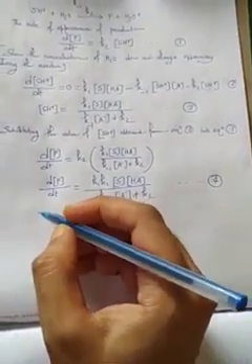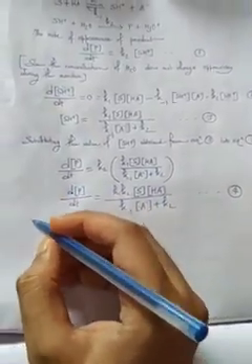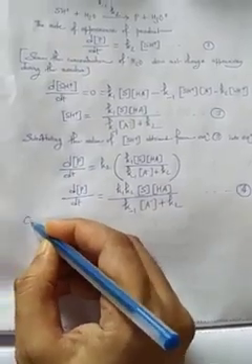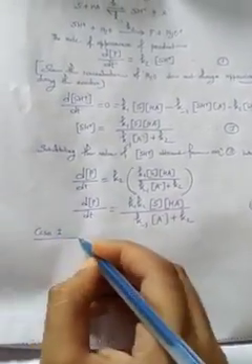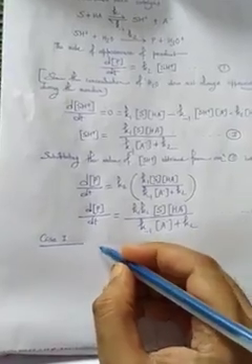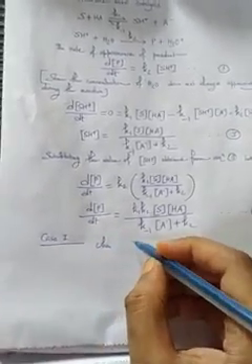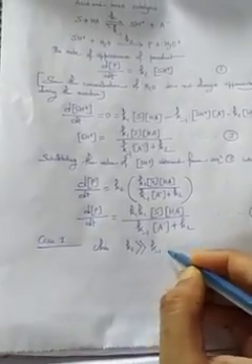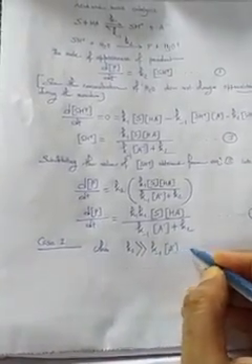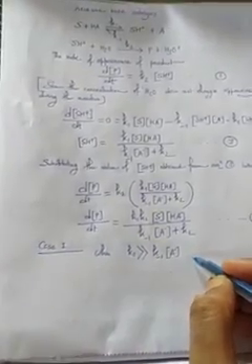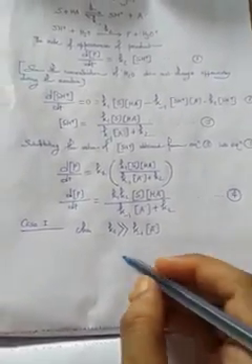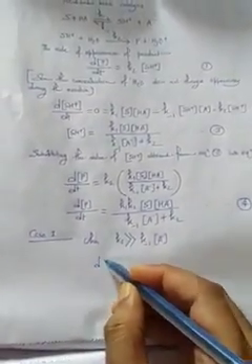Now there are two specific cases. Case 1: when K2 is very much greater than K-1 into concentration of A. In that particular situation, equation number 4 will be transformed like this.